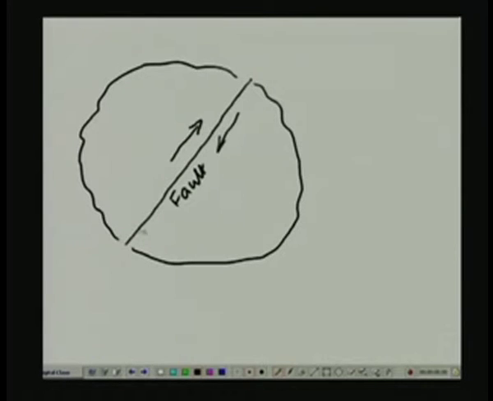So in this problem, and mind you, what we are looking at here is a plan view, bird's eye view, looking downward, and this fault is rupturing at ground surface.